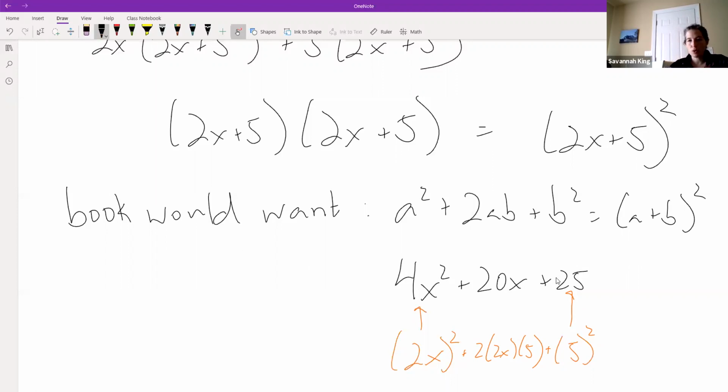For one thing, it lays more memorization on your plate. For another thing, it looks way too much like part of the sum or difference of 2 cubes formula that you do have to memorize, which is very much like this, but without the 2 in the middle. So I'm just gonna throw a note in there. This is what the book would want you to do.